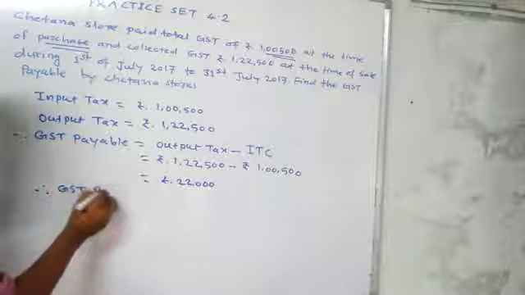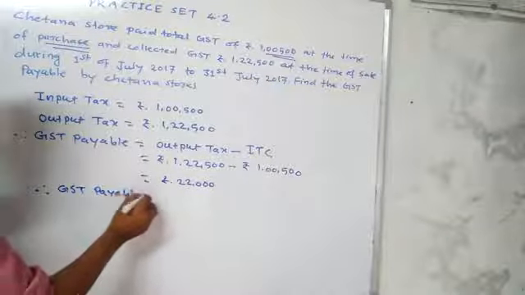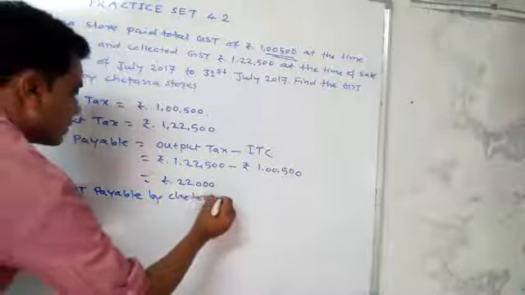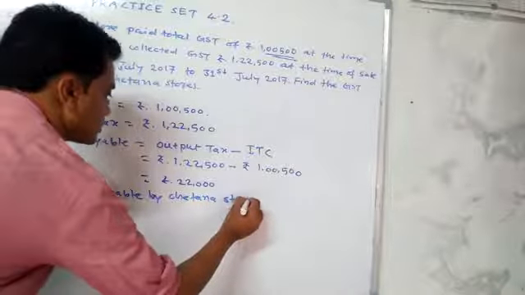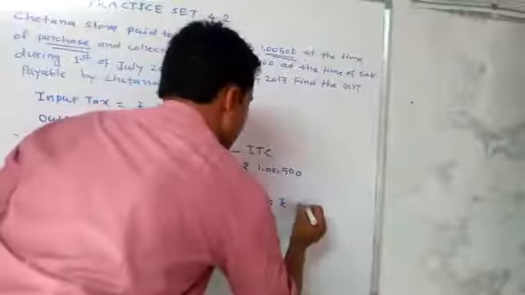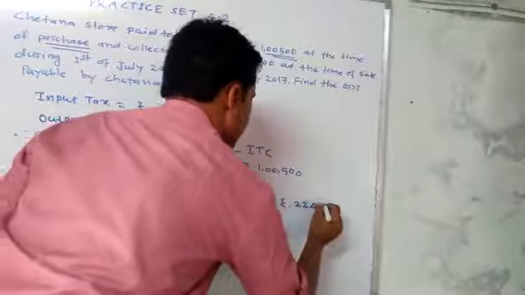GST payable by Chetna store is rupees 22,000.